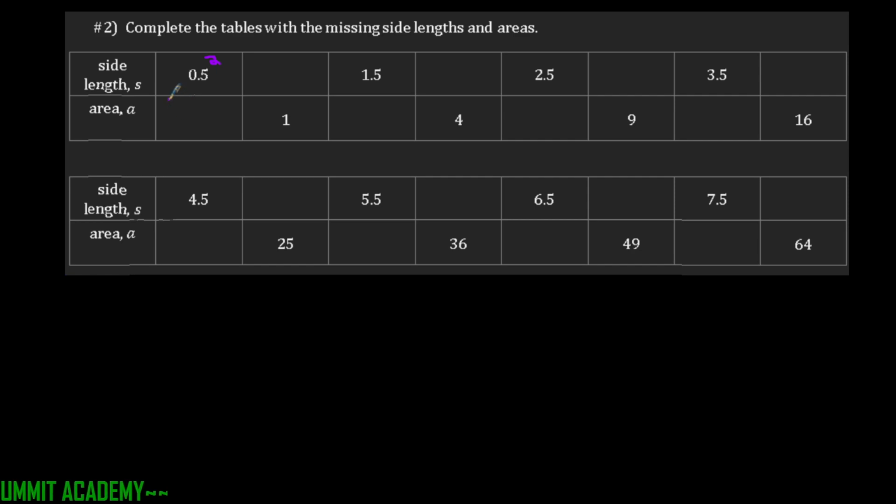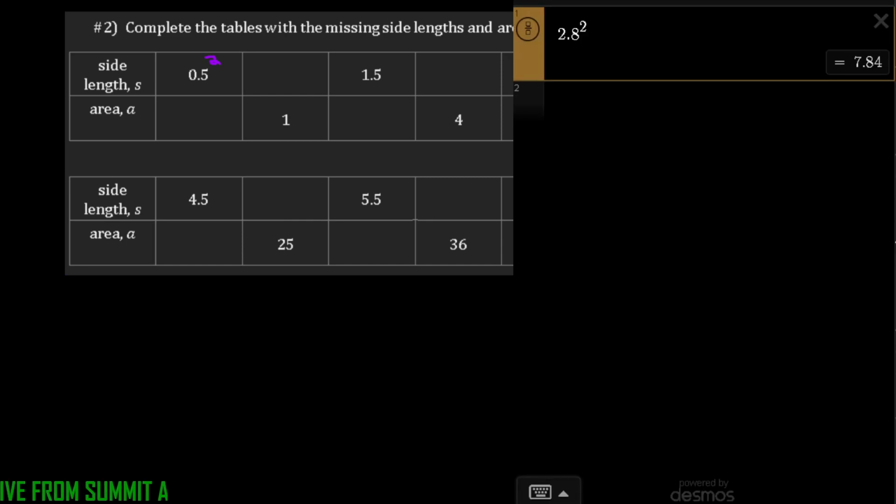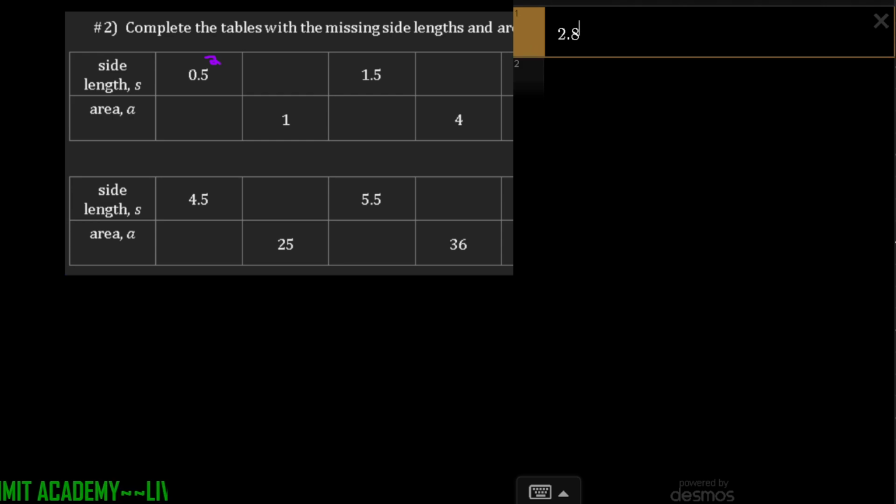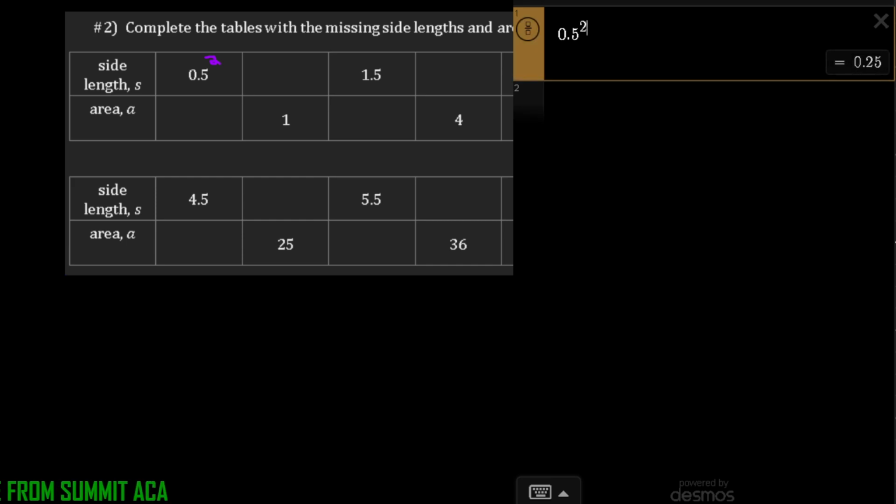So let me pull up my calculator again. If I have 0.5 squared, that's 0.25. So this is 0.25.